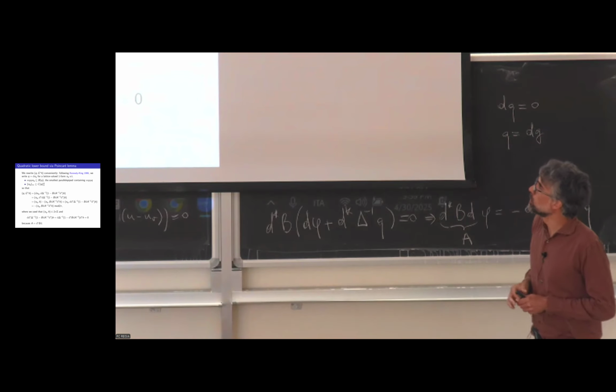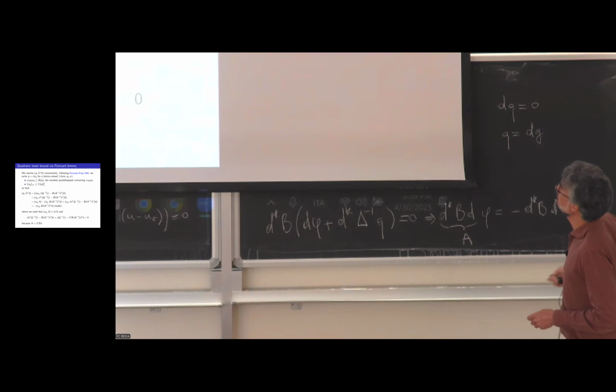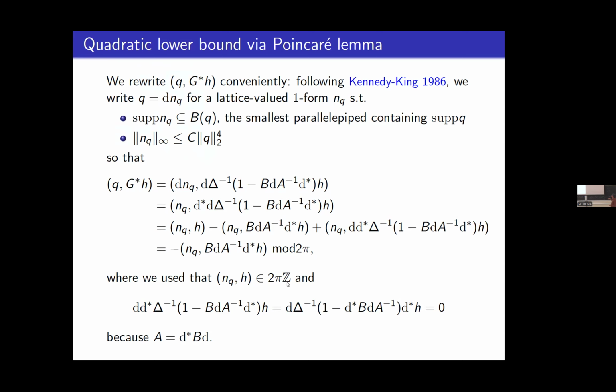Now, we need some control on this G, and this is the content of this lemma due to Kennedy and King. They really show the procedure to construct an explicit G that they called N of Q. They showed it in a slightly different context, but you can really follow the same proof line by line.